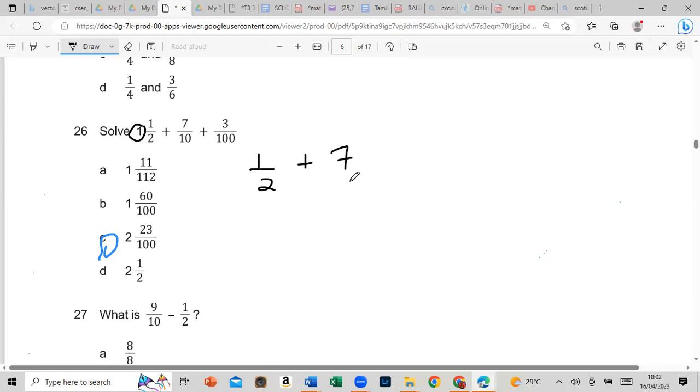What does the rule state when we are adding fractions? Let's bring them to a common denominator. What's the lowest number that 2, 10, and 100 can go into without a remainder?